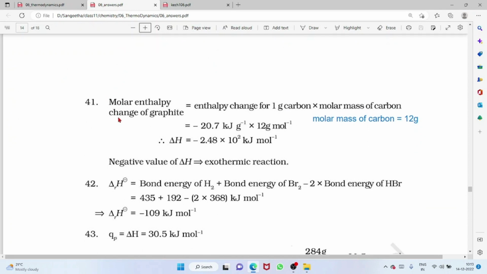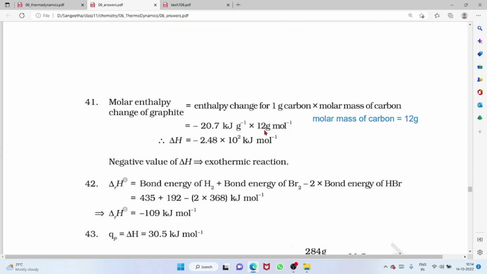Molar enthalpy change of graphite equals enthalpy change for 1 gram of carbon into the molar mass. Molar mass is atomic weight. Carbon atomic weight is 12, so in terms of molar it is 12 gram. And this is the enthalpy change. A negative value of delta H means an exothermic reaction.